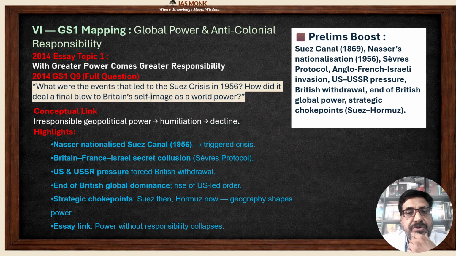This question reinforces the essay's insight: when power is exercised without responsibility or realism, it leads to humiliation, decline, and the erosion of legitimacy. So look into these prelims boosters. The Suez Canal, the Strait of Hormuz, their geographical locations on the world map, are all very important for prelims.